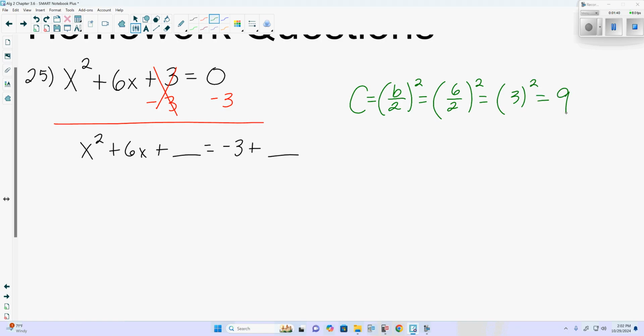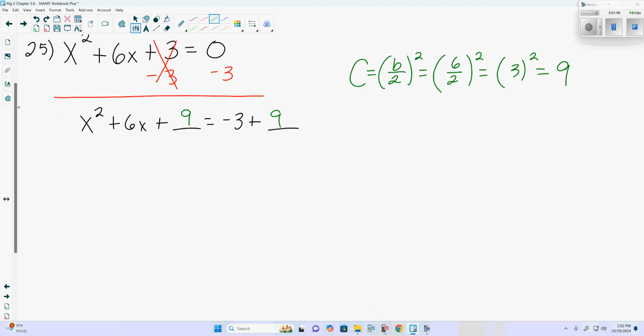So finding c, we do b over 2 squared, which would be 6 over 2 squared, which is 3 squared, which is 9. So we plug 9 back into our 2 spots. The value of c goes back in both of our spots, so 9 and 9 in this case.